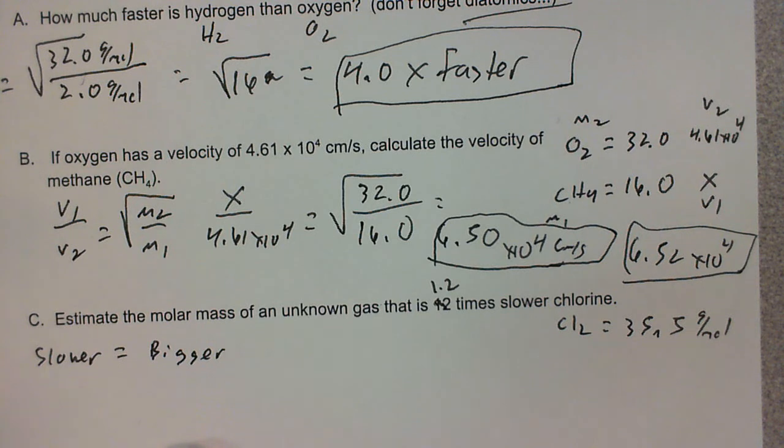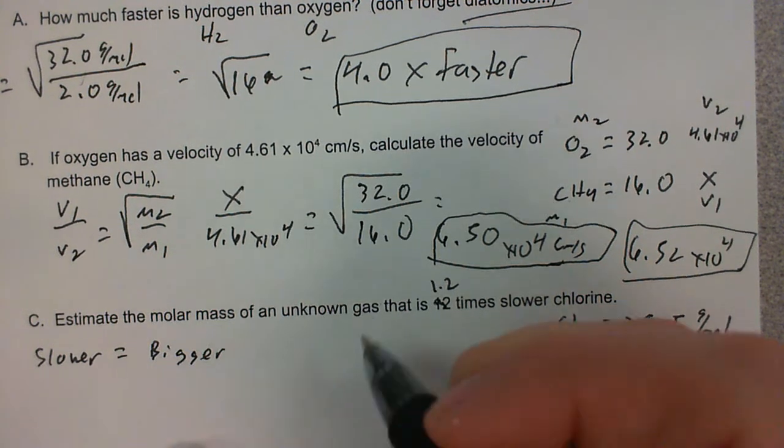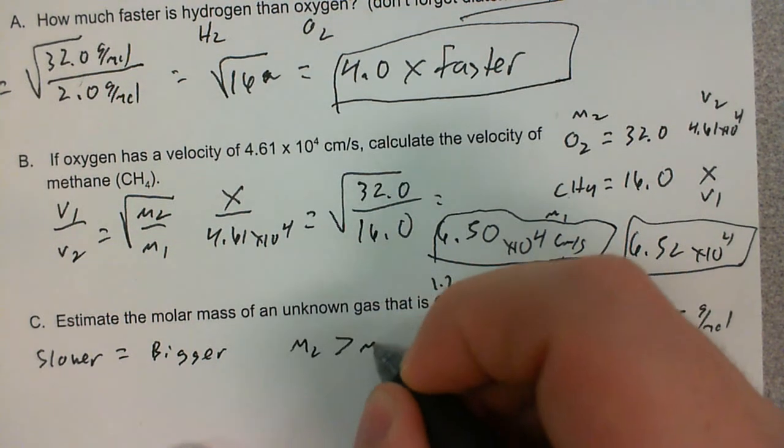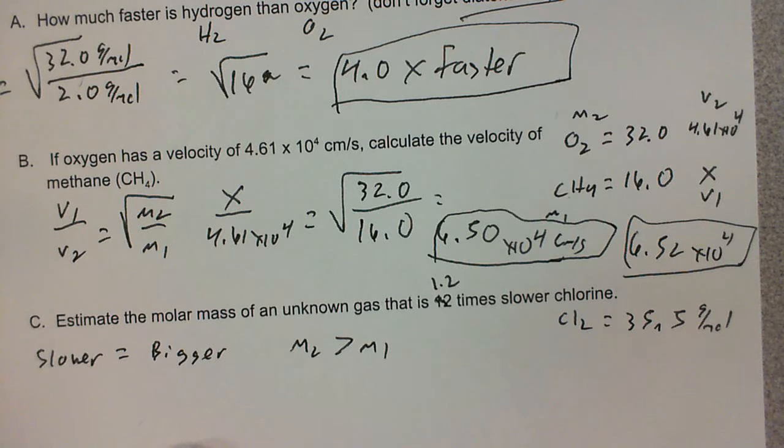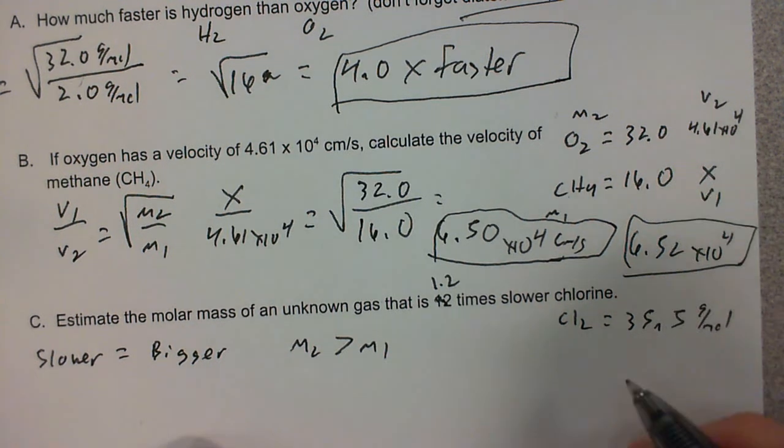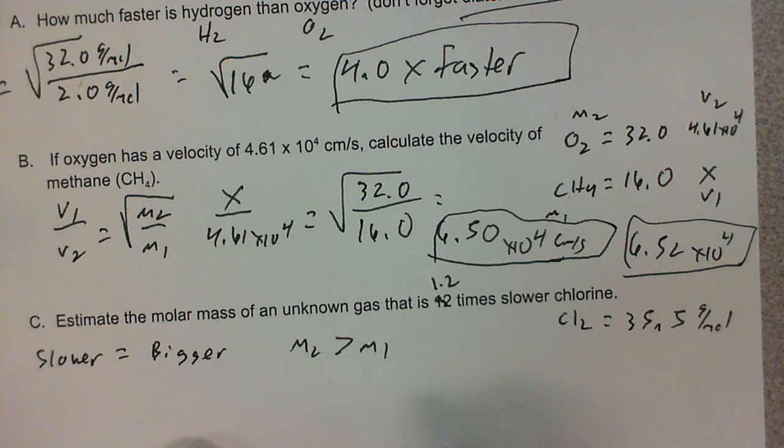The only way I'm going to get a bigger number is if my mass 2 is bigger than my mass 1. So I'm going to set mass 1 as 35.5 and my mass 2 as the unknown.